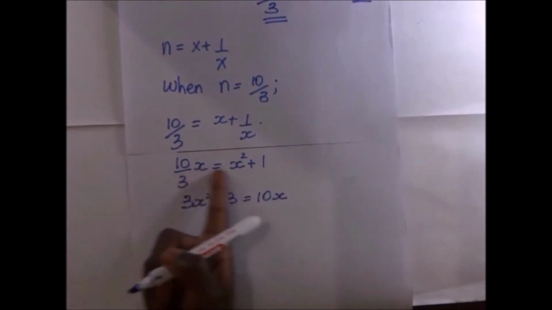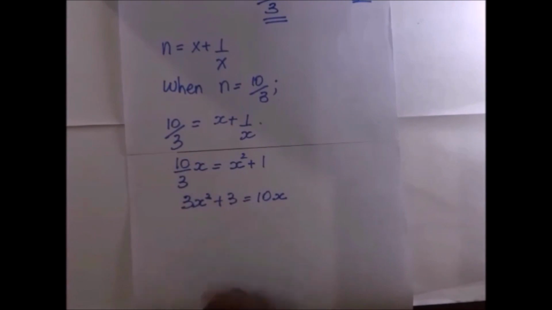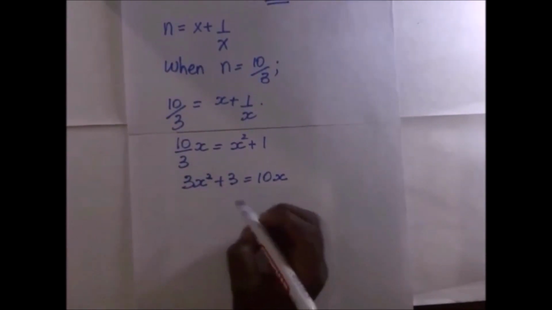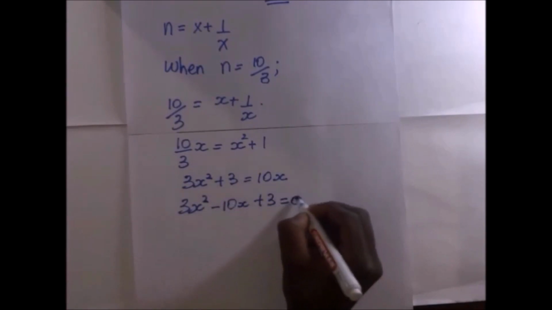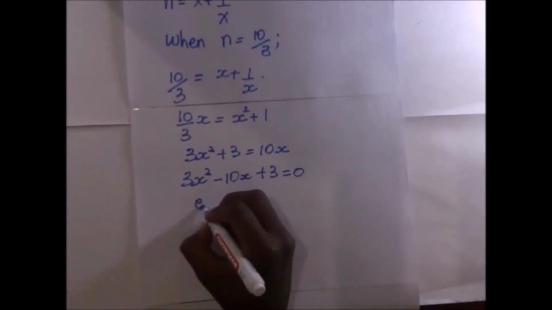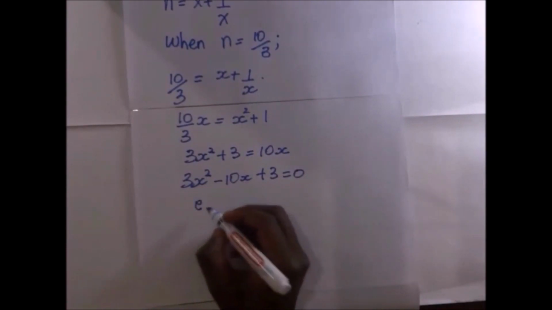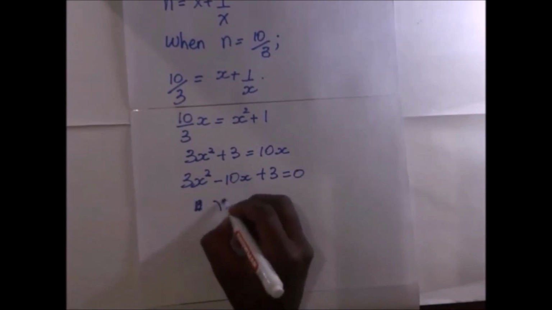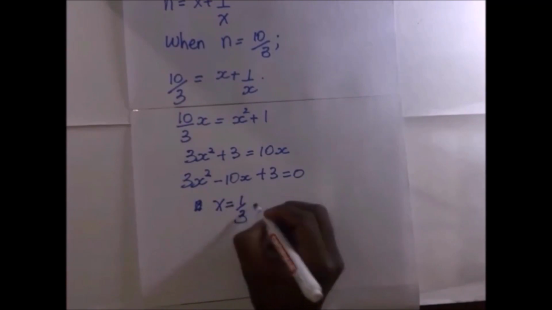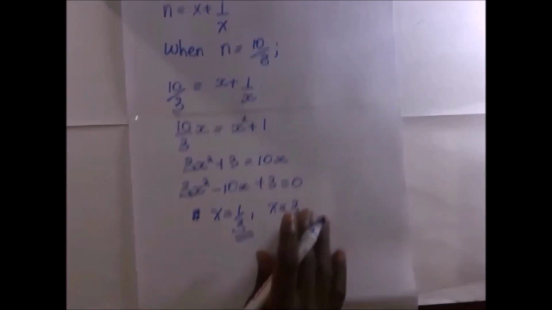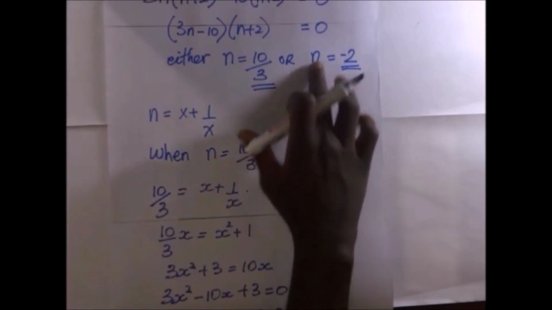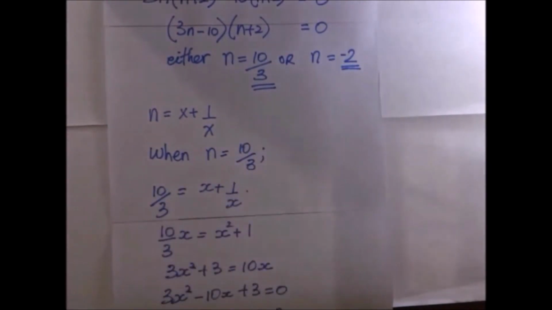We multiply by 3 throughout, make it a flat equation, and reorganize it. We end up with a quadratic equation here. Solving this quadratic equation is going to give us x. X will either be a third or 3. That is when the value of n is 10 over 3. What about when the value of n is negative 2?